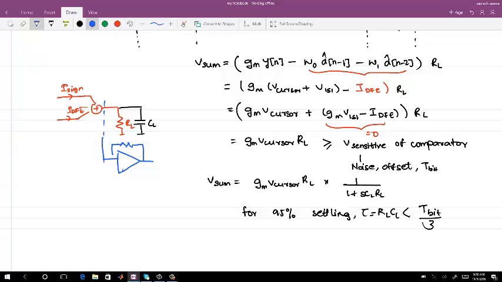Maybe the parasitic at this node is very small, a very low impedance node. But this will require the amplifier to have much wider bandwidth to settle. Final settling will be limited by whatever capacitor you have at the output node, and it is also going to add a delay.